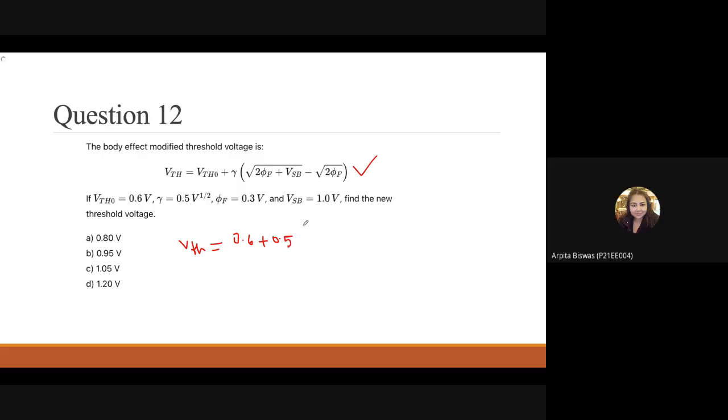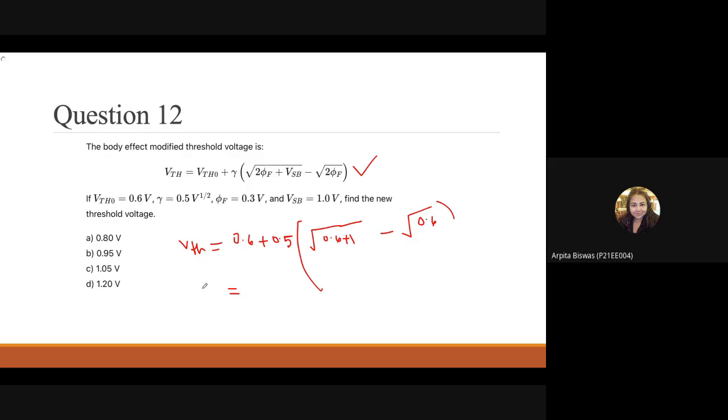Just see this calculation and tell me what you are getting. Then root over 0.6 plus 1, then minus root over 0.6. So tell me what is the value. This 0.5 is multiplied with this whole portion, and this is additional.